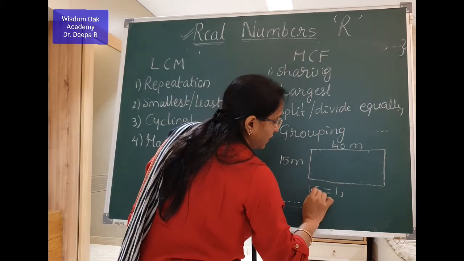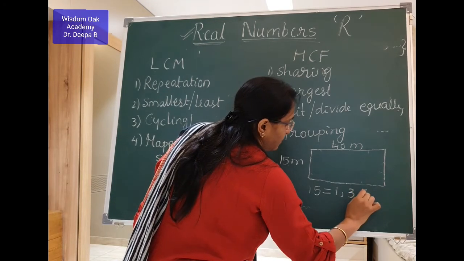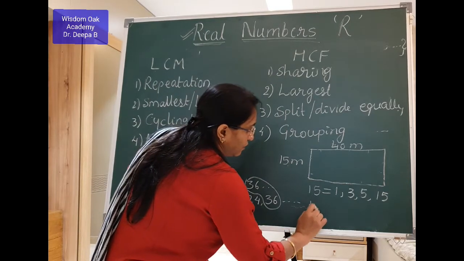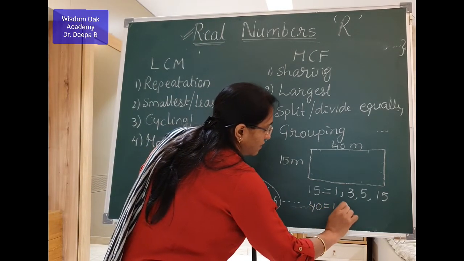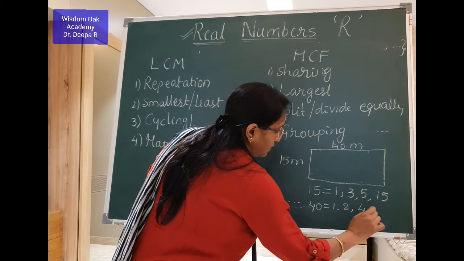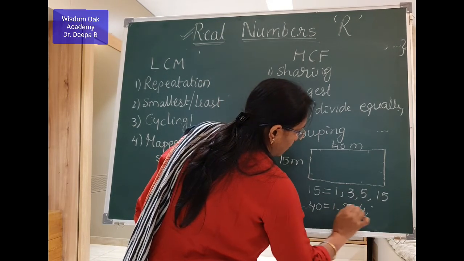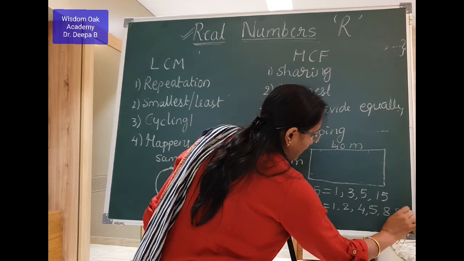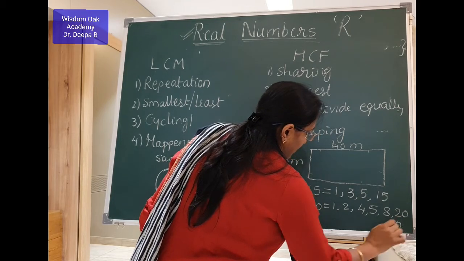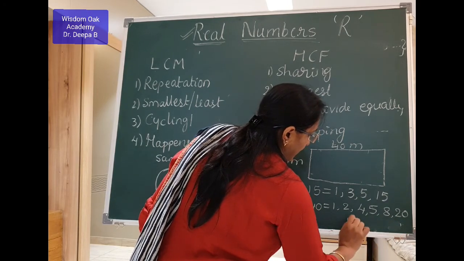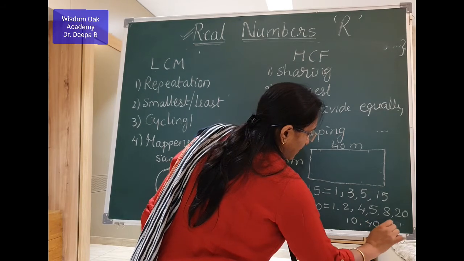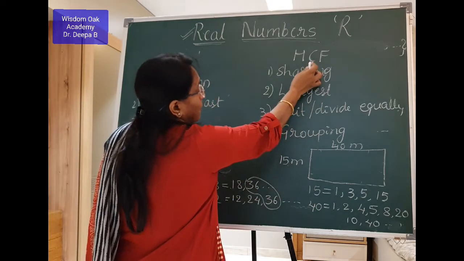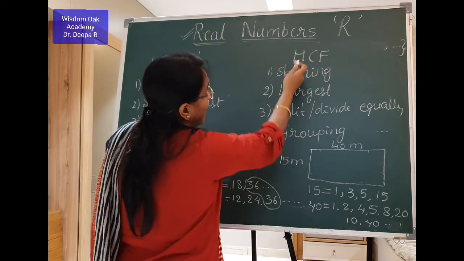What are the factors of 15? 1, 3, 5, 15. And 40? 1, 2, 4, 5, 8, 10, 20, 40.